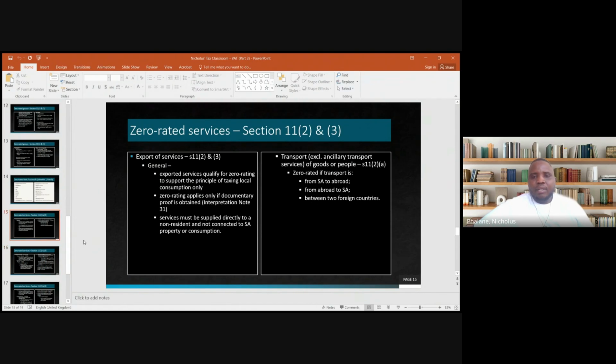Basically, we are saying the transport of those goods in SA will be zero rated if they are relating to A here. When you are transporting people, remember, they sometimes have goods that they are traveling with.